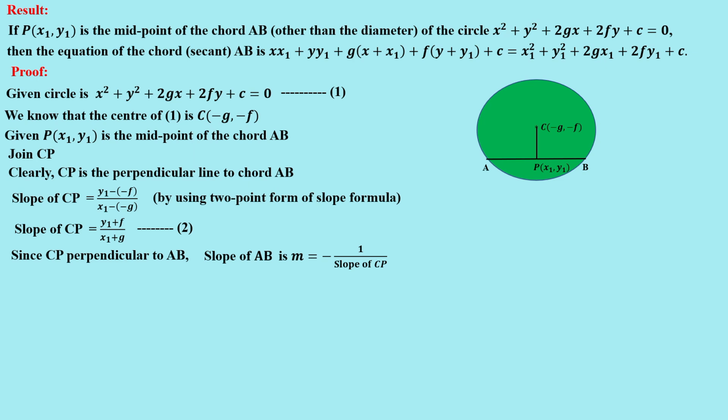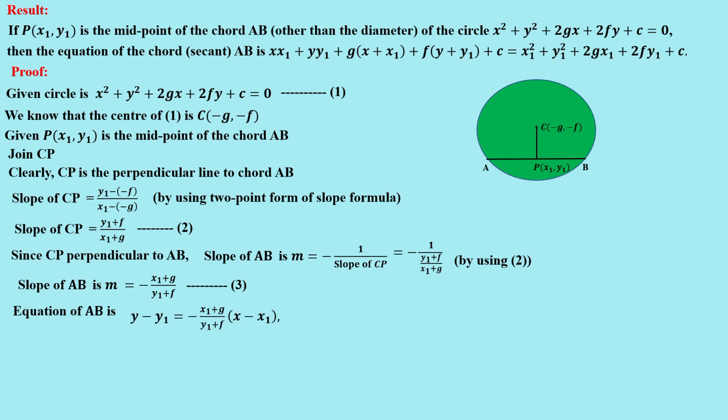That is the standard result we know: if two lines are perpendicular, then one slope is the negative reciprocal of the other. So m = -(x1 + g)/(y1 + f). That is equation number 3.